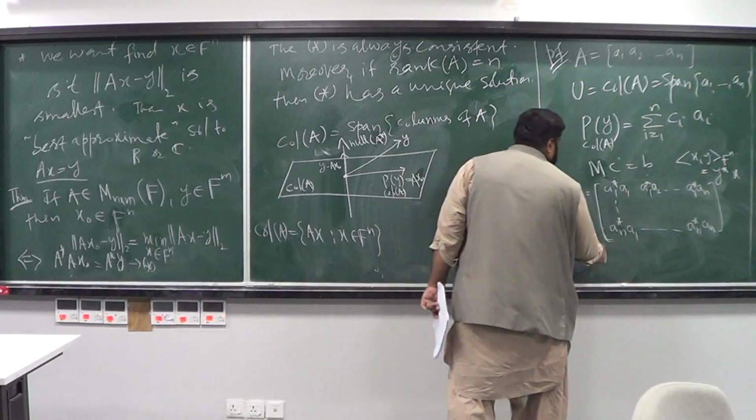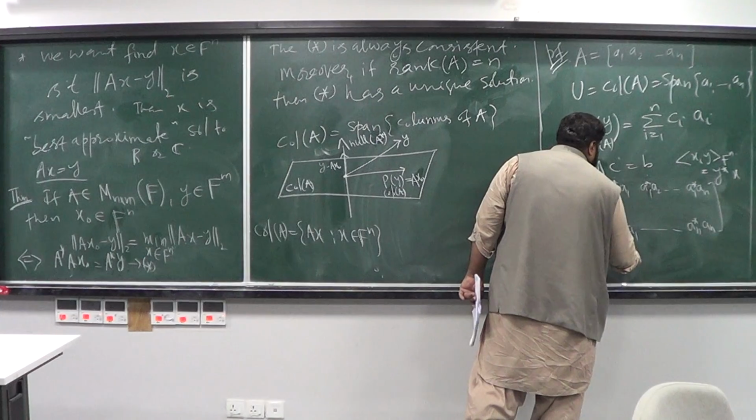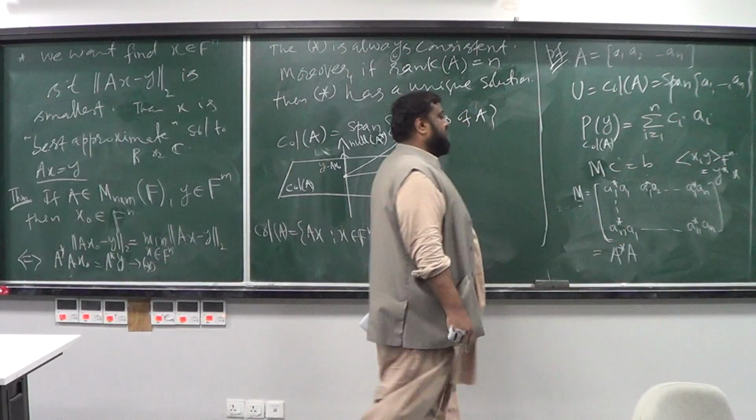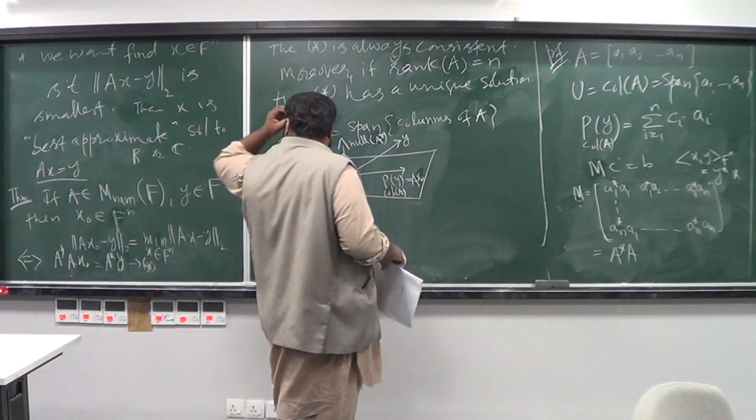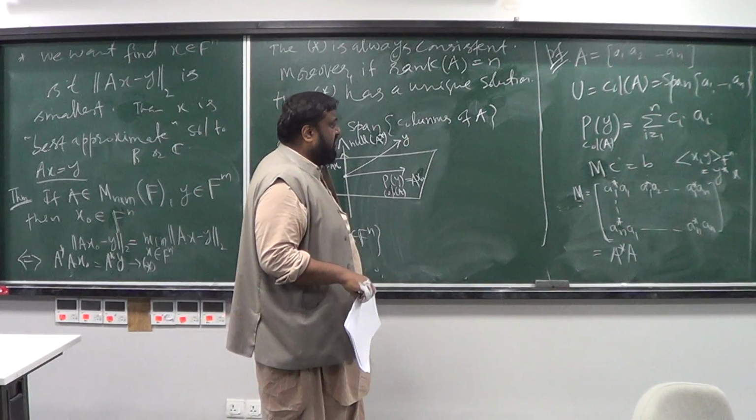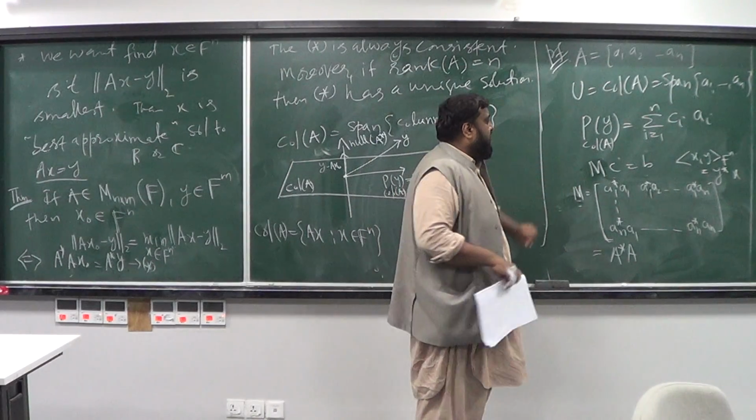If you see this carefully, this is just the matrix A star multiplied by the matrix A.